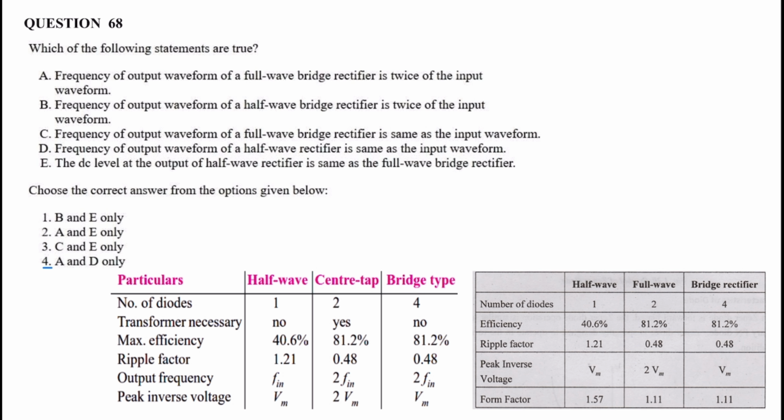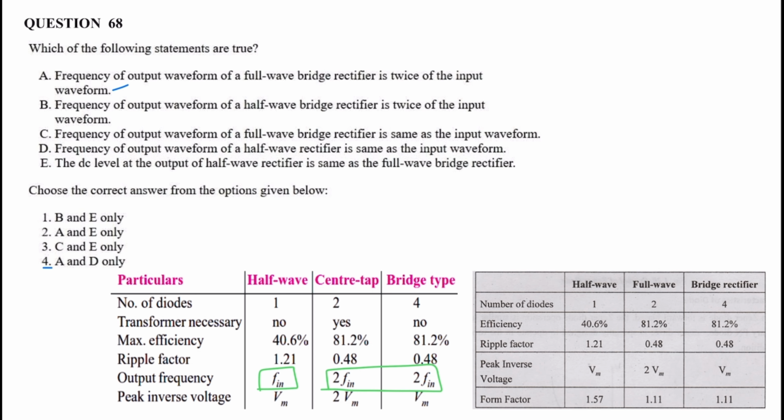Question number 68. Which of the following statements are true? Statement A. The frequency of output waveform of a full wave bridge rectifier is twice of the input waveform. Here frequency for half wave rectifier is same as input frequency. For full wave rectifier it is twice of the input frequency. Statement A is correct.